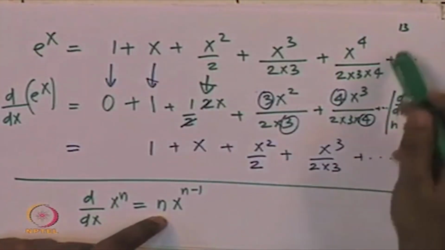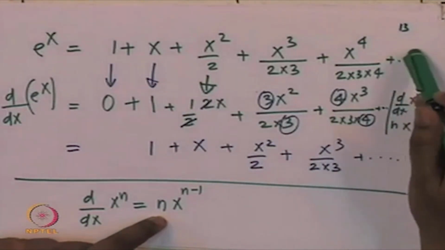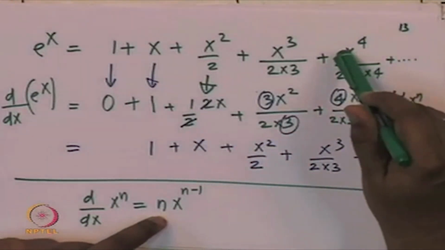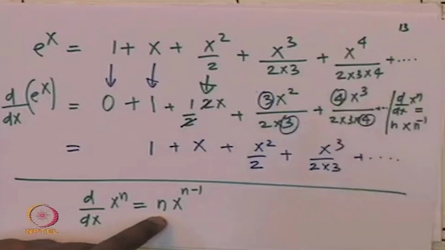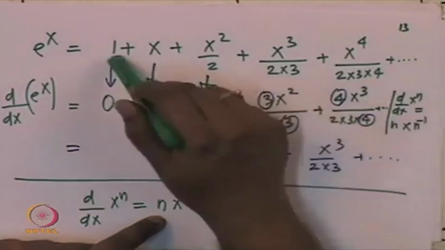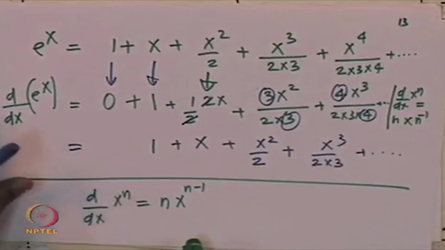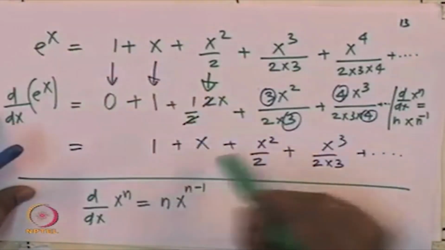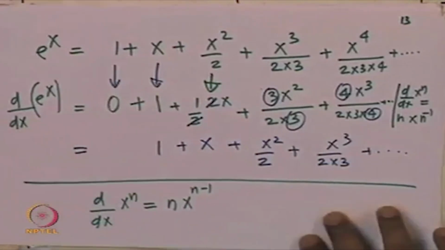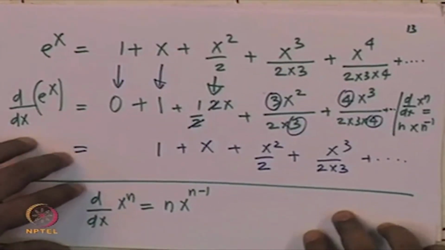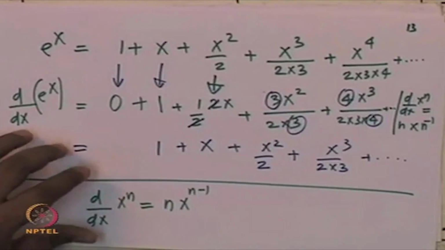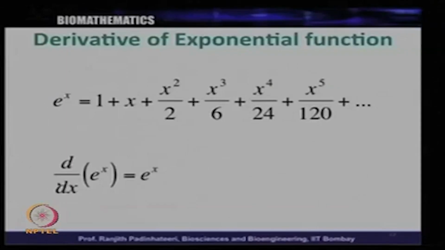If we take the next term, the x power 5 term, and find its derivative, you will get the next term. Since this is an infinite series, you will get exactly this as this. What does this mean? It means that the derivative of e power x is e power x itself. So, this is one thing we learn: the derivative of e power x is e power x itself.